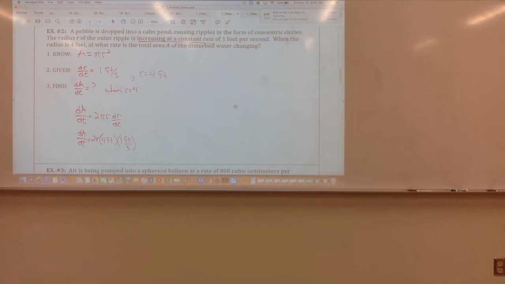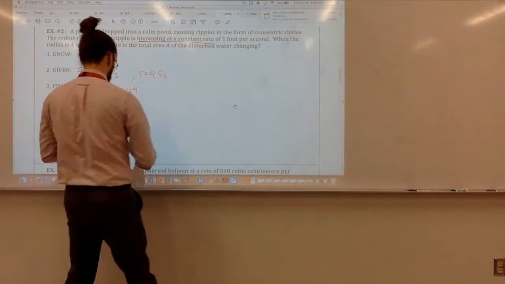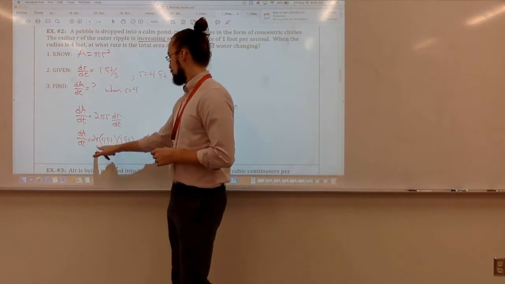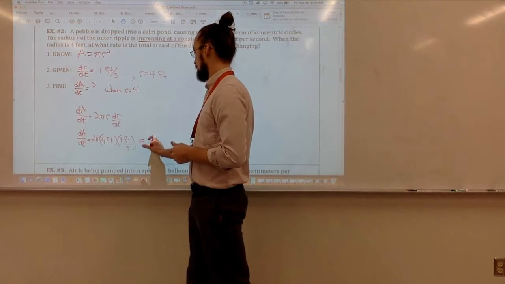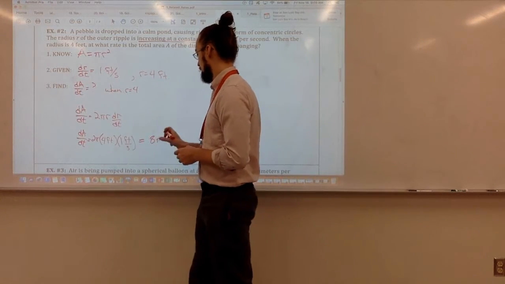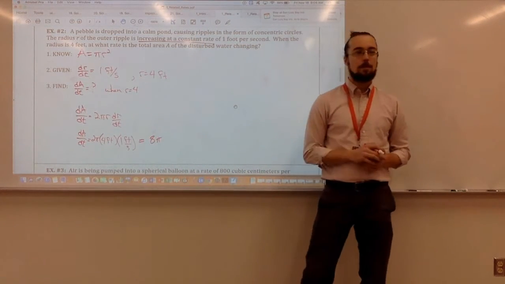I like to write in the units as well, just so we make sure that we get the units of our final answer correct. So when I multiply all this out, 2 pi times 4 times 1 would just be 8 pi.